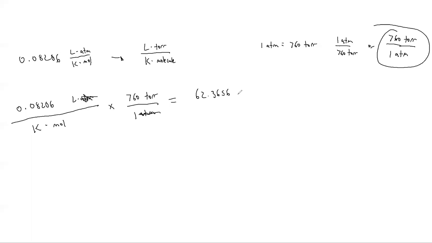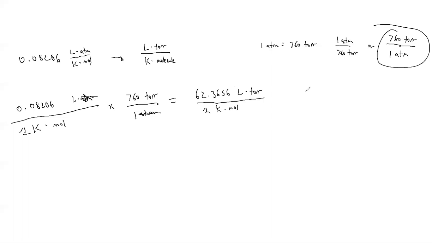I multiply the two numbers I have, and I'm left with 62.3656. Now for units, I gotta look. Up in the numerator, I got liters and torr. So that means my units are liters times torr over, and then in the denominator, I have Kelvin times mole. Oops, forgot my 1 in that. Got a little bit lazy. Okay, so halfway there. Now we got to convert this mole thing, right?